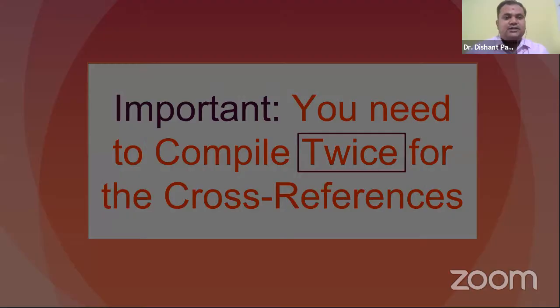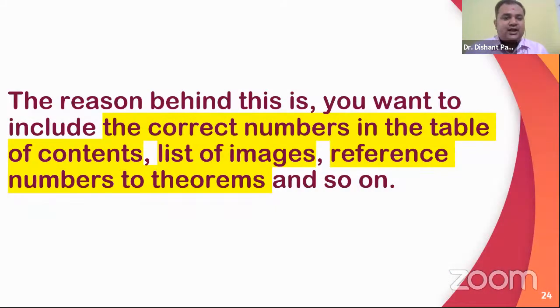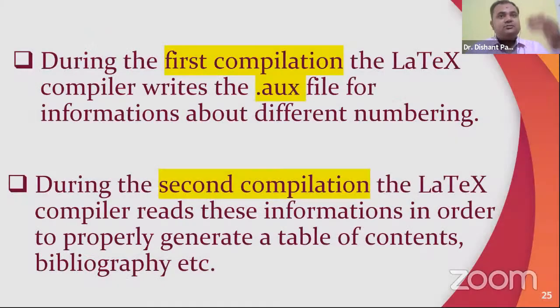There is a good reason why you need to do this. Once you compile your document, it will just collect the raw information from what you have provided in your coding. After the first compilation, it will go on to the sorting part.